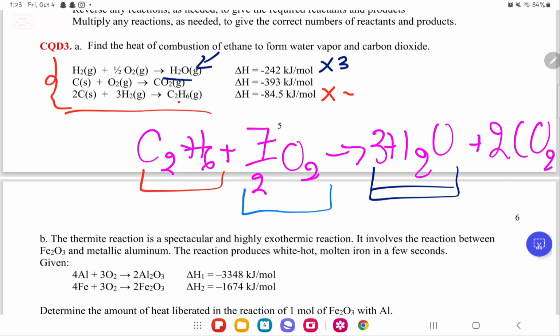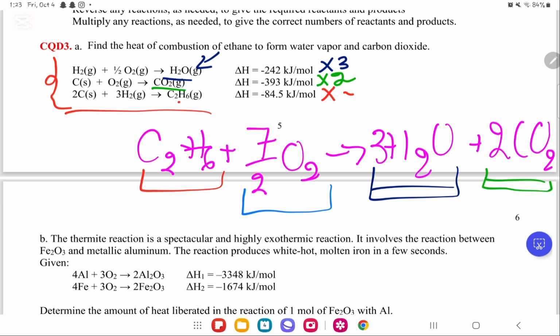Okay? Now, finally, we have the 2 CO2. Which equation has CO2? This equation has CO2, over here. For us, it's in the products. Is it in the product? Yes, so we keep it. But here we have 2 moles of CO2, and here we only have 1 mole of CO2, so we're gonna multiply it by 2.